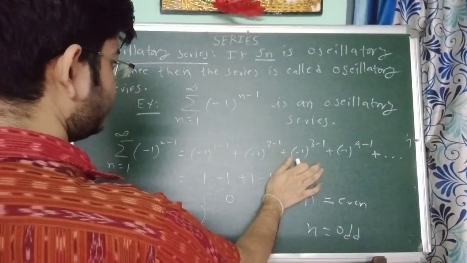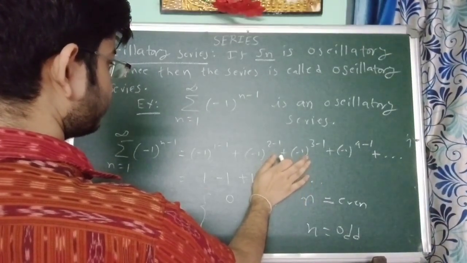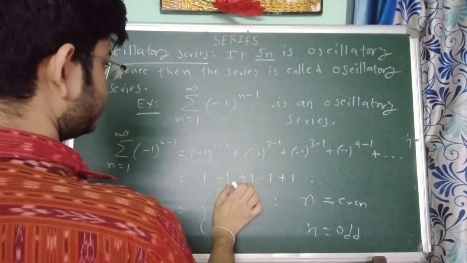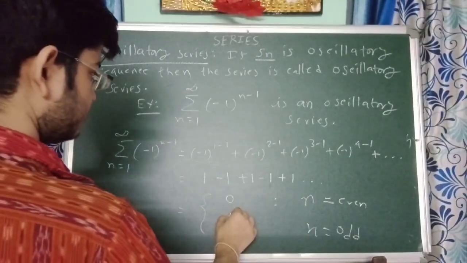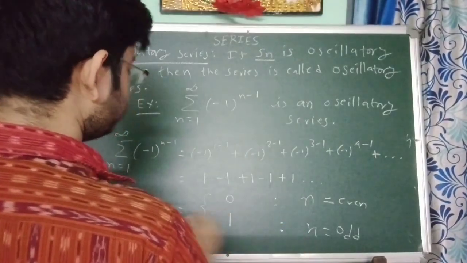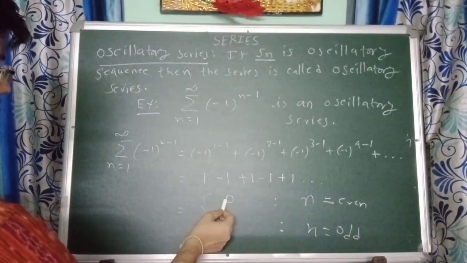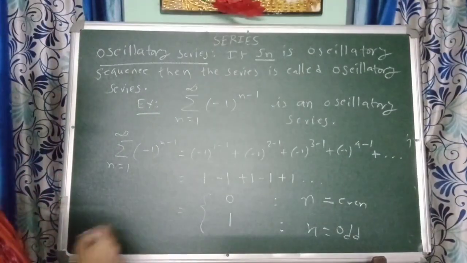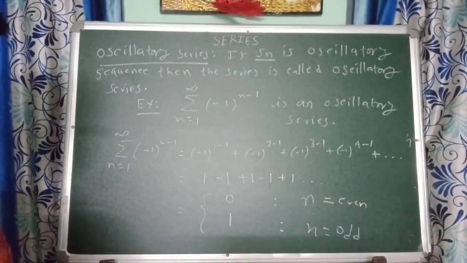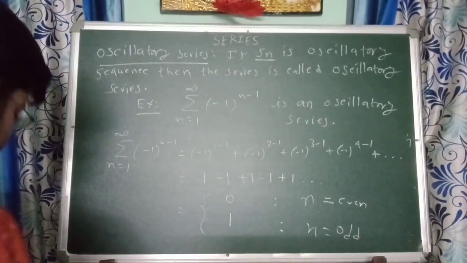So this plus 1 and this minus 1 cancel, and the remaining number is 1. So when n is even, the summation value is 0, and when n is odd, the summation value is 1. So this oscillates between 0 and 1, so this is an oscillatory series.